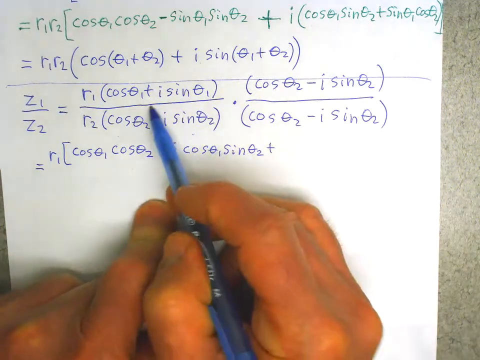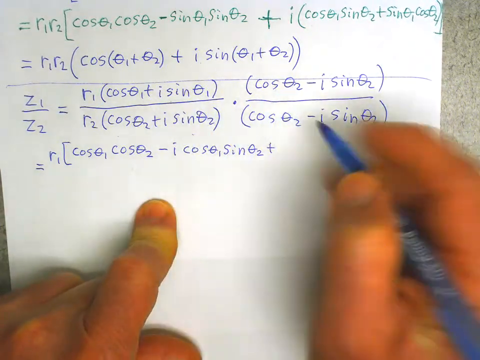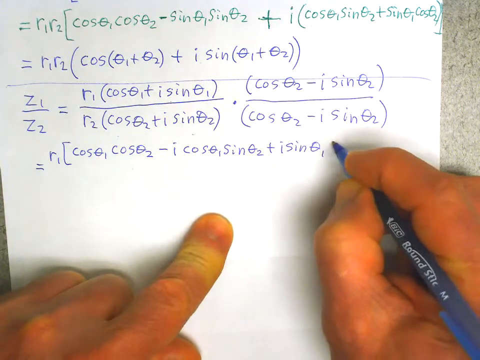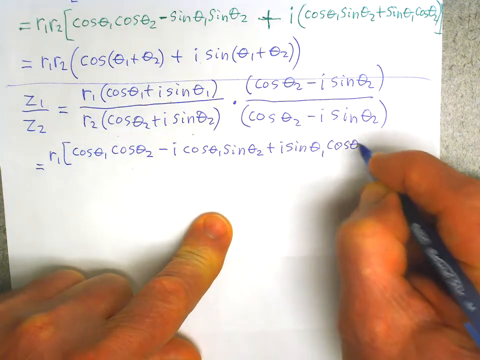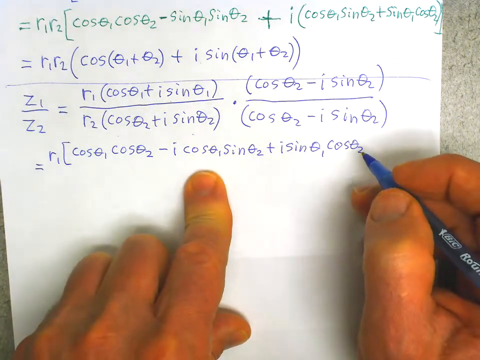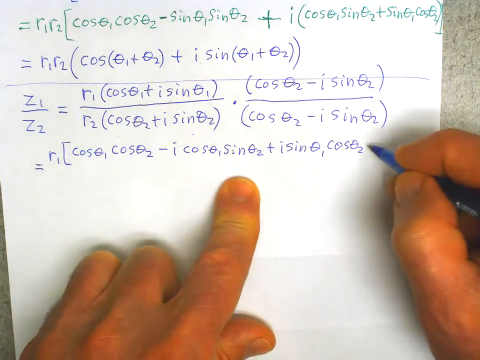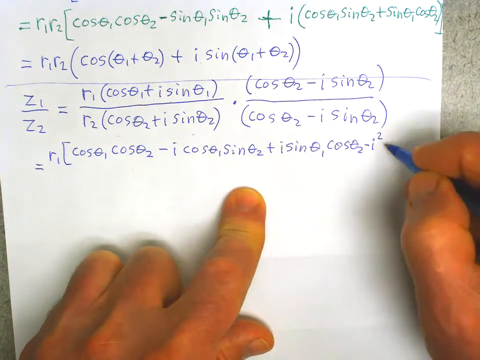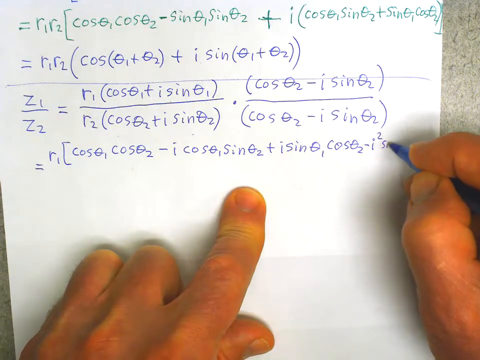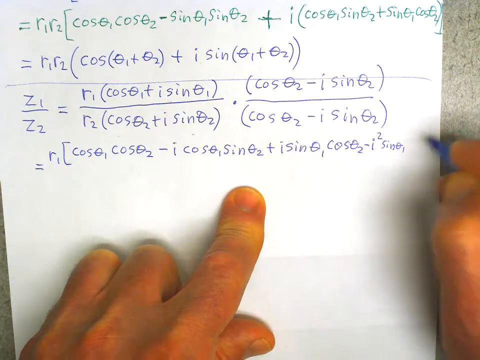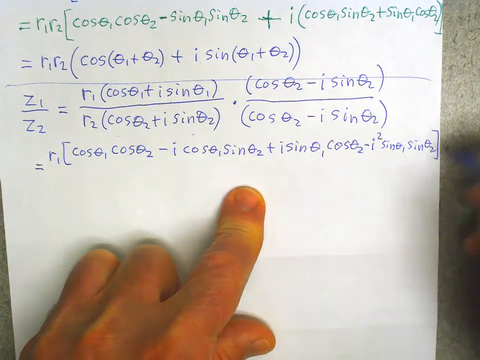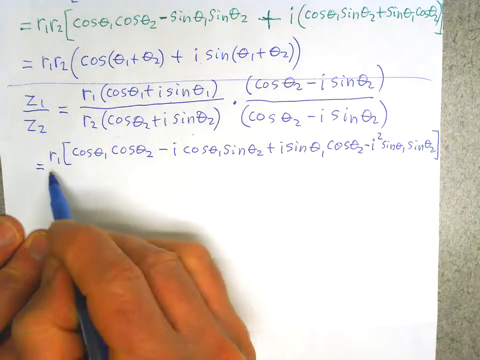And then plus i times sine of theta 1 times cosine of theta 2. And then minus i squared sine of theta 1 times sine of theta 2. So that's in the numerator.